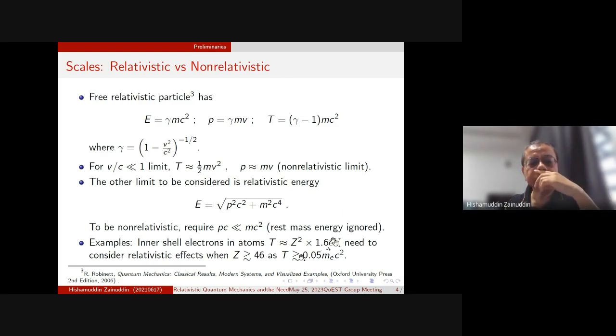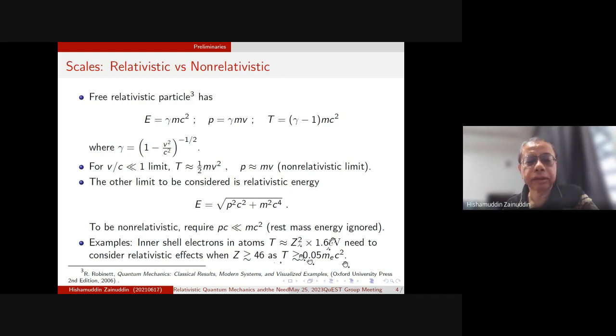So you have the inner electrons to have this much energy, where your Z will be your, what do you call that? Can't remember, the atomic number or mass number. I think it's the atomic number, right? Yeah, Z is the atomic number, because I can't remember all the symbols. So over here, once you go beyond 46, for example, then your T calculated here will go beyond the rest mass energy.